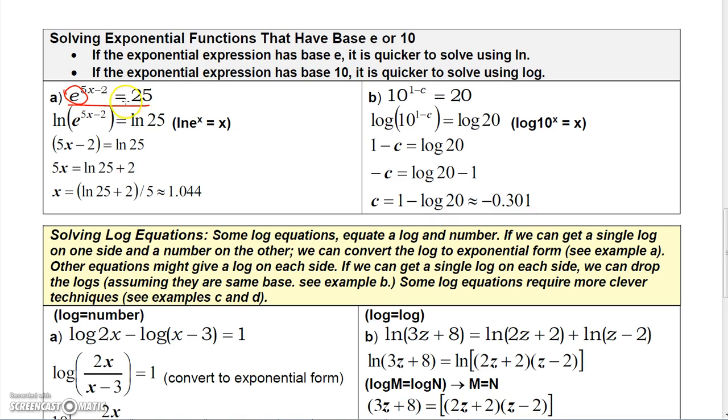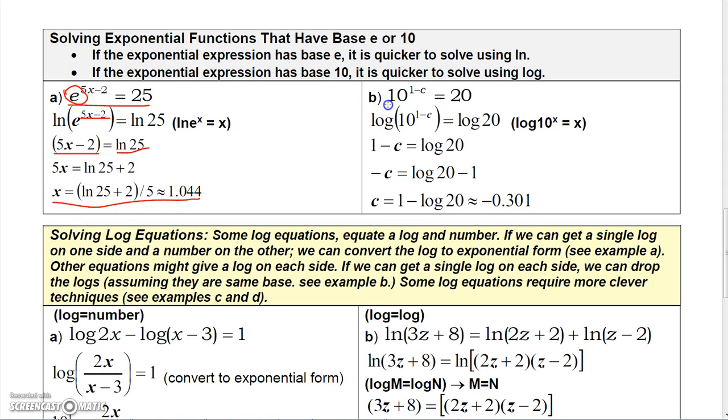Because when you take the natural log of both sides, the natural log of e to a power, using one of the properties we talked about earlier, is just the power. So the natural log of e to the 5x minus 2 would just be 5x minus 2. So this would be on the left 5x minus 2, on the right you'd have a natural log of 25. And then you could just solve that. You could add 2 to both sides and then divide by 5 to get the answer.